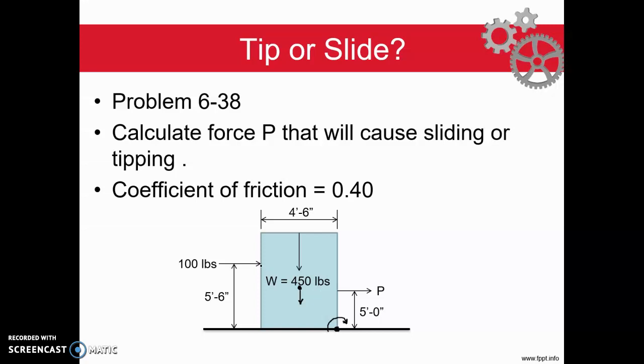And look at, first of all, how much force is going to be required to tip it over. And then we need to look at how much force is required to make it slide. And then we need to sum the moments about this point to see how much force is required to tip it over, and then see which of those two things is going to occur.